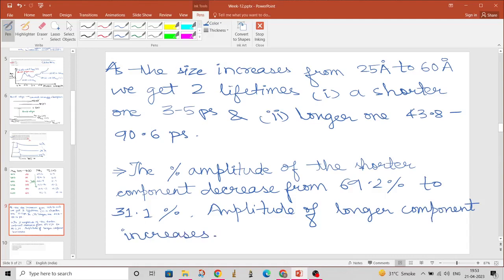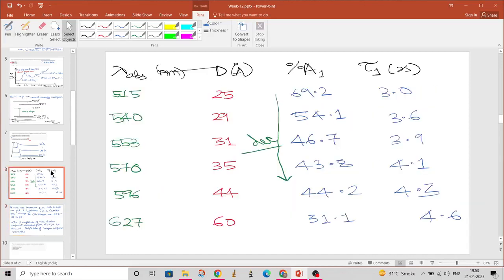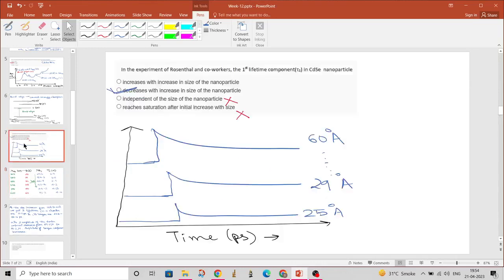So the longer component will be 100 minus 69.2, and that will keep on increasing as this component is decreasing. Okay, so we have discussed this question and the answer is B: the amplitude of the first lifetime component decreases with increase in the size of the nanoparticle.